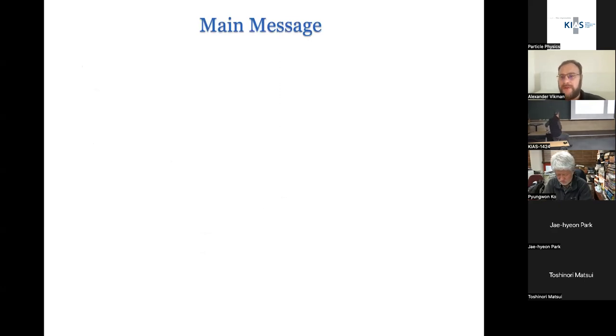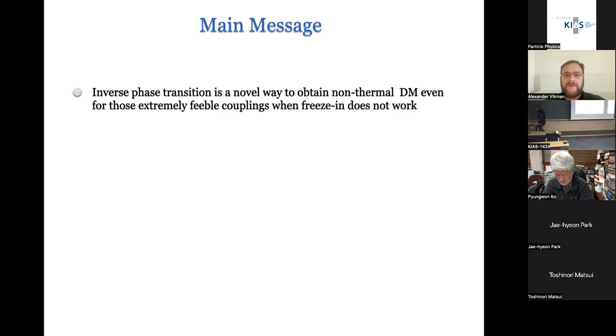So let me tell you immediately what my main message is. There are inverse phase transitions, and it's not that well discussed in the literature, to our mind. And this inverse phase transition is a novel way to obtain non-thermal dark matter, even for those extremely feeble couplings when even freeze-in does not work.